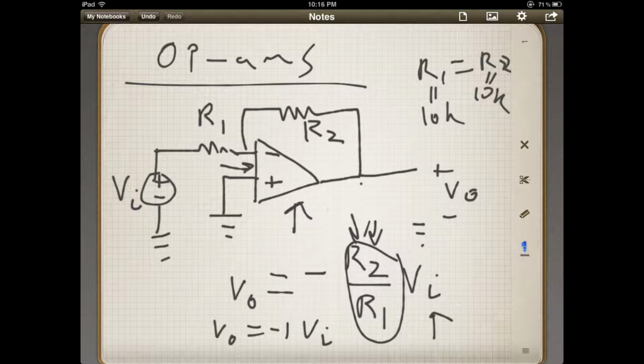I mean, you can pick whatever kind of gain you want within a certain bandwidth of this guy. Depending on the bandwidth, which is defined in the spec sheet, you can't do, for instance, a gain of 1,000. That might not work because of bandwidth limitations.